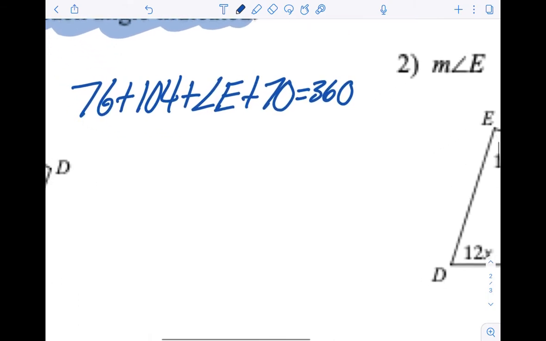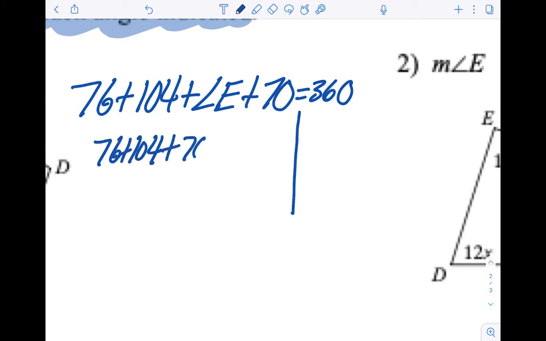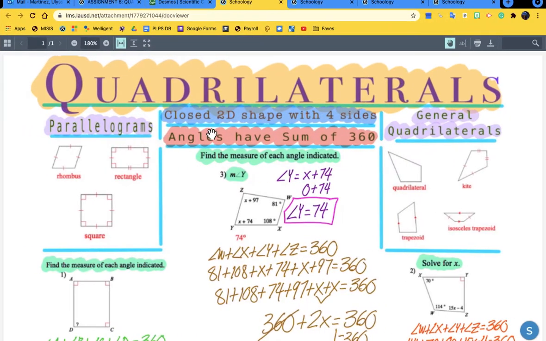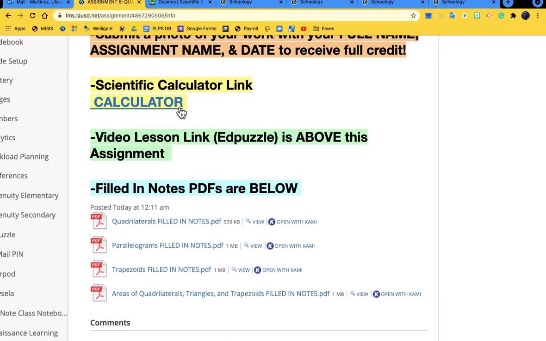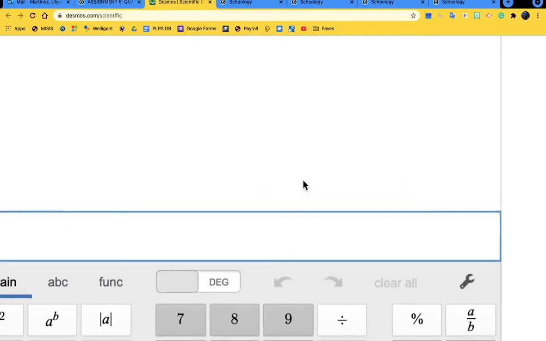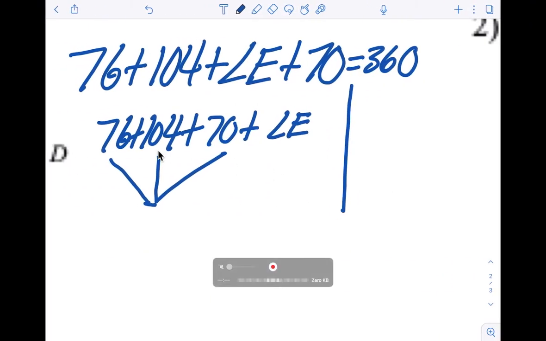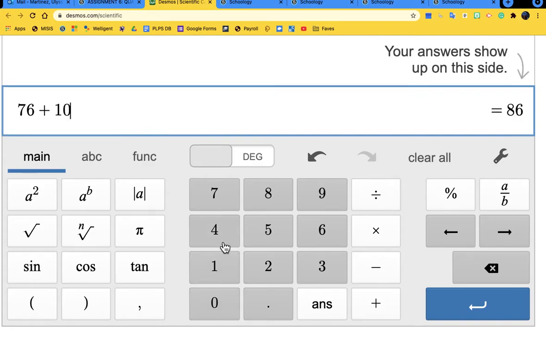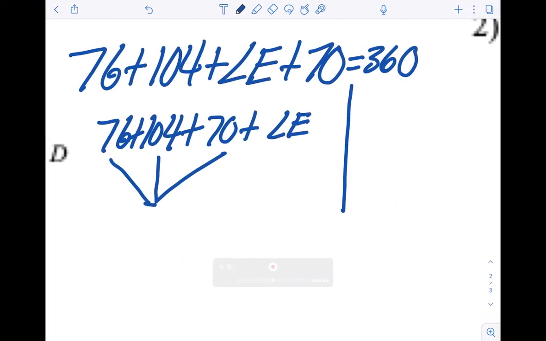I'm going to put all my numbers together here, plus 70 and then plus angle E. So these three together, what do they add up to? Again, use your tools. I have already opened up the calculator here. So I'm going to add up 76 plus 104 plus 70. I get 250.